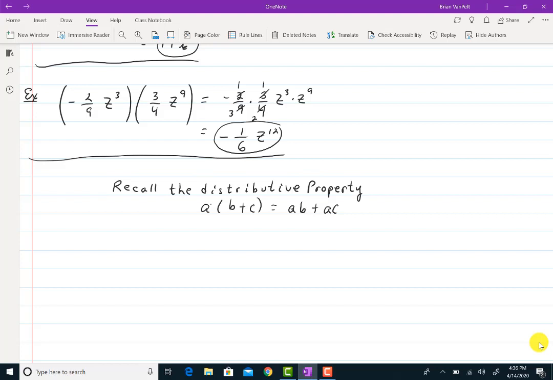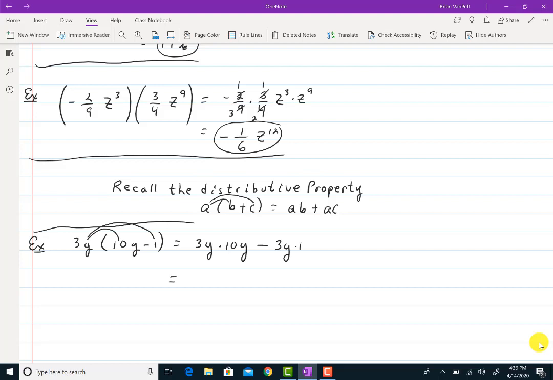I usually draw a little diagram like that to indicate the distributive property. So as an example, if I have 3y times 10y minus 1, I can take the 3y times 10y minus the 3y times 1.